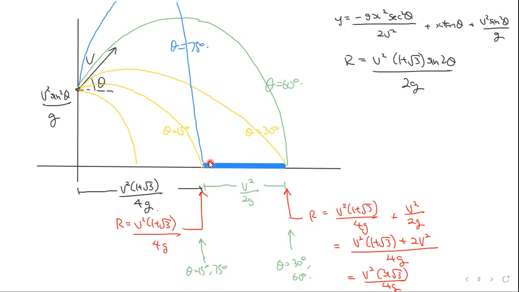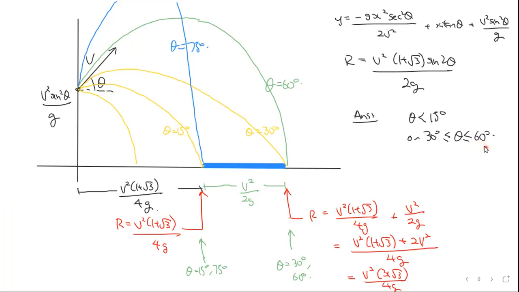Which then means our answer to the question, given what we've already worked out, it asks, find the values for theta for which they don't land in the dam. Well, theta must be strictly less than 15 degrees. It can't equal, because it will land on the edge. Or theta is between 30 and 60, because if it's between 15 and 30, it's going to land in the dam here.